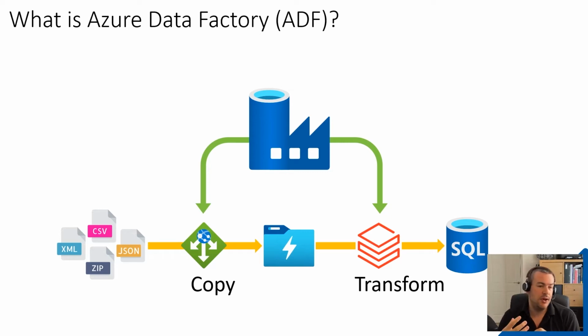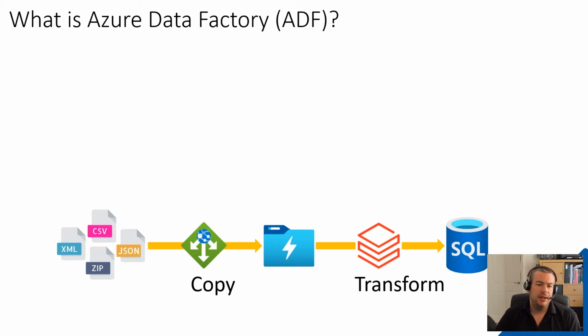It will invoke our services and allow us to get that data, maybe copying it from our on-premises systems up into our data lake in Azure, maybe transform it, do whatever we want to it. And as I say, orchestrate is the key word here. Data Factory will orchestrate that process for us and help us monitor, schedule, whatever we need to do to get that data to where we need it to be.